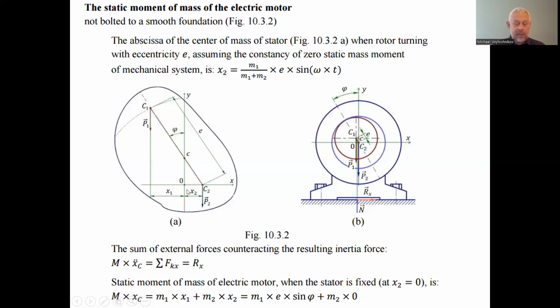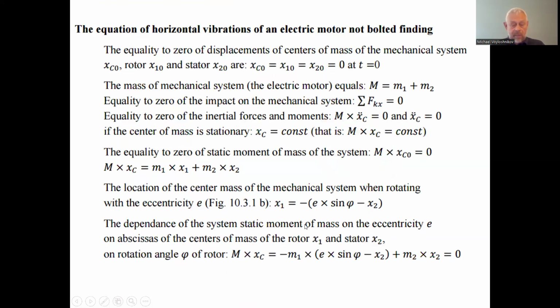If we make the ordinate axis coincide with the one passing through the center of the mechanical system mass, then x1 equals the eccentricity, this is the hypotenuse of the right angle triangle, multiplied by the sine of the phi angle. This is one leg, together x1 and x2, and x1 equals eccentricity multiplied by sine phi minus x2. This is well understandable.